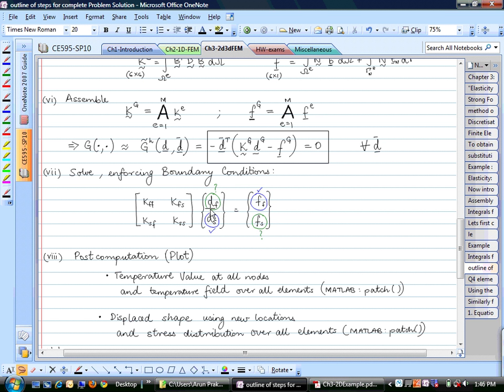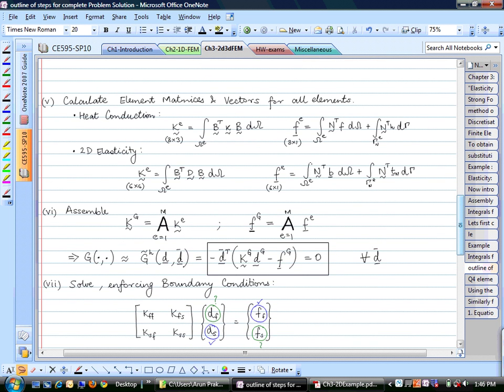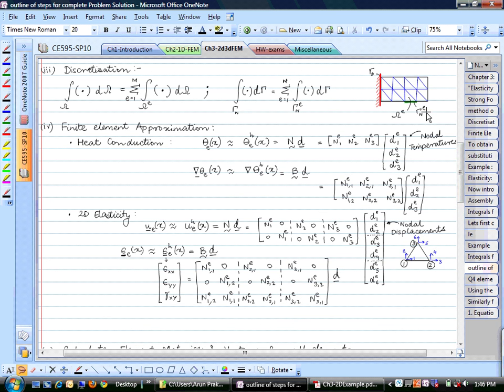If you remember from the truss problem, I had a command in there that said x new is equal to x plus magnification times displacement. Did anybody take a look at that? How the truss was plotted? No? Okay, so take a look at that, because that's what you are going to use to plot this. And normally, if the displacements are very small, we also magnify our displacements to make it look different from the original configuration.